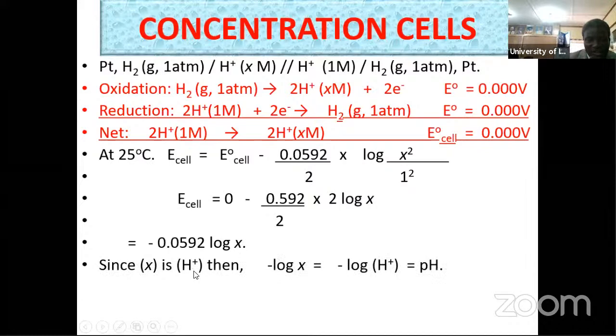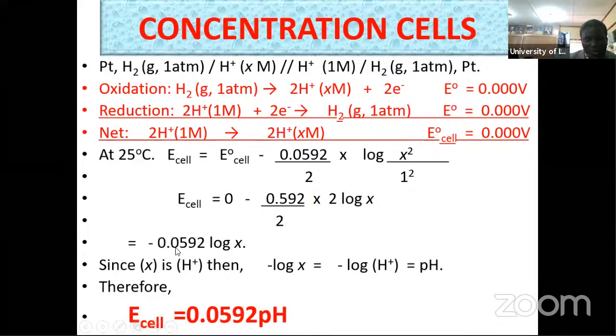So minus log X is the same thing as minus log of hydrogen plus, and that is the same thing as pH. That means that your E cell will actually be equal to this value multiplied by pH. That's an important equation.